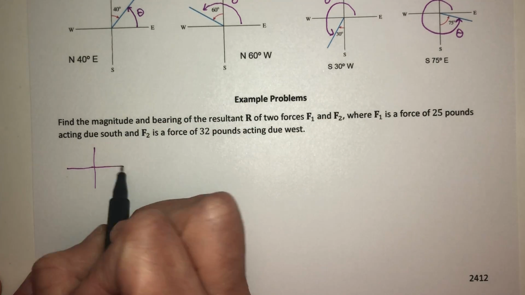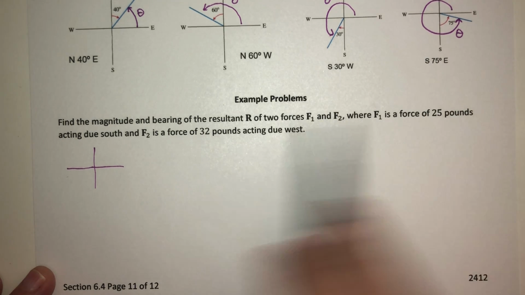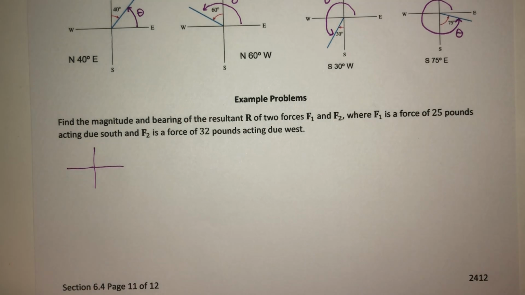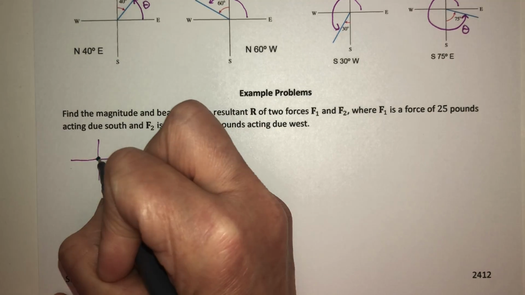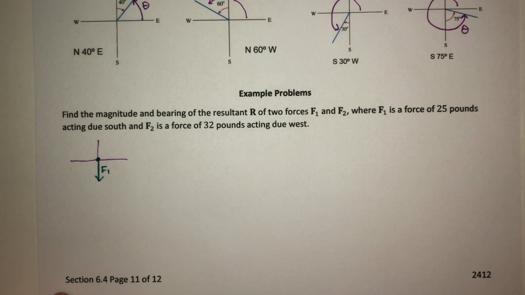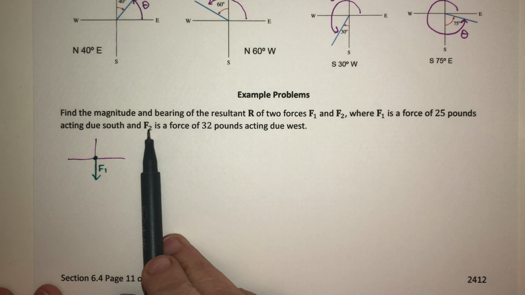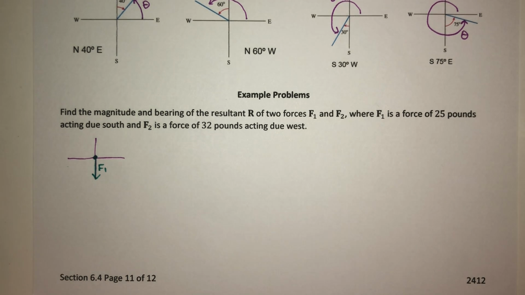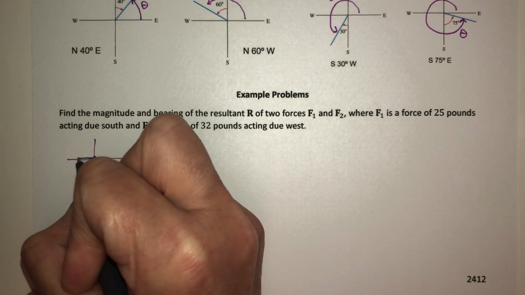Okay. F1 is acting due south. So I have an initial point here, and F1 is acting due south. F2 is acting due west. So F2 is working in this direction.